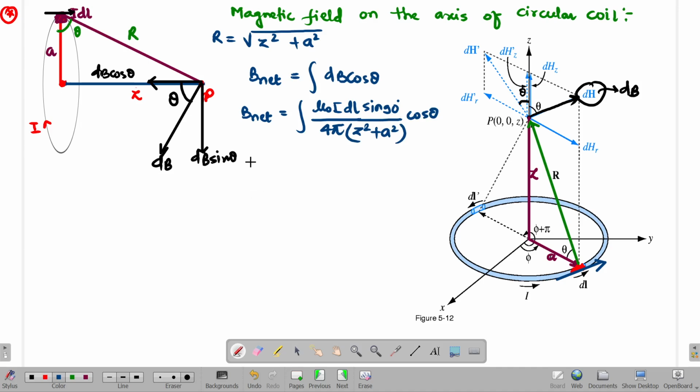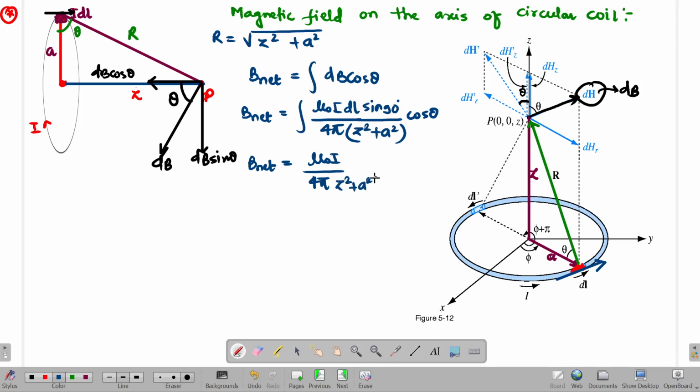So what I'll get as B net is mu naught I by 4 pi into z square plus a square. Can I take z square plus a square outside? Because z is fixed, a is also fixed, isn't it?